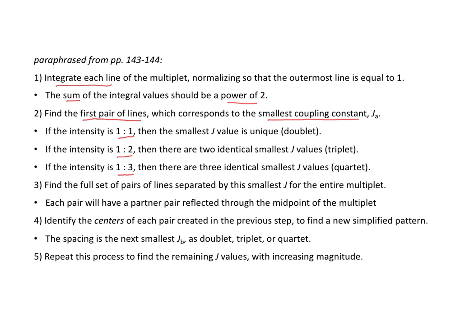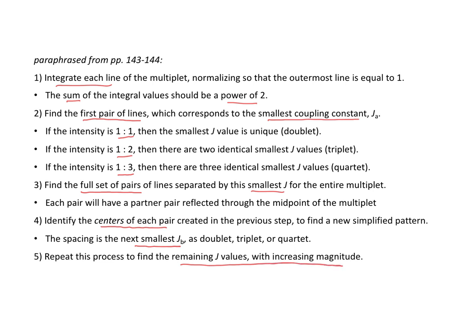Then we go throughout the spectrum, finding all of the pairs or triplets or quartets that are separated by the smallest J value. We'll then identify the centers of each pair or each multiplet that's created, and we'll find a new simplified pattern. And this will be the next smallest coupling constant. And then we repeat this process to find the remaining coupling constants as they increase in magnitude.